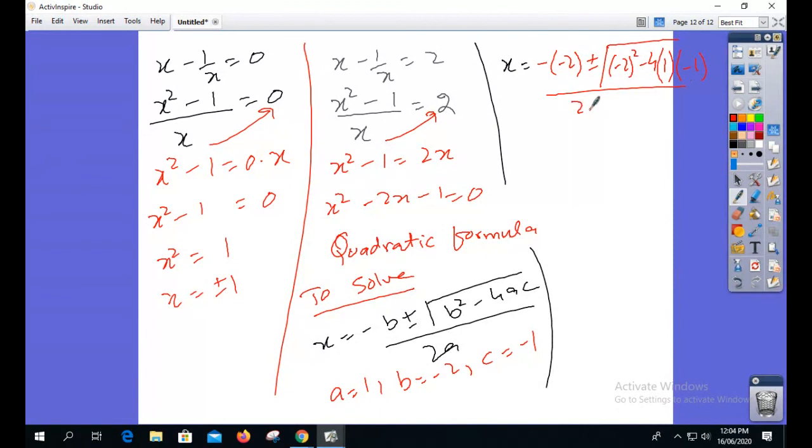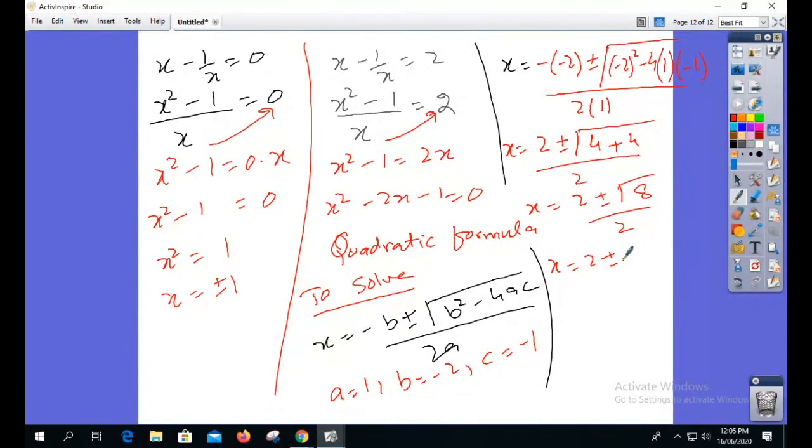divided by 2a, which is 2. x equals to plus 2 plus minus square root of 4 plus 4 divided by 2, and we have 2 plus minus square root of 8 by 2, and we may write 2 plus minus 2 square root 2 divided by 2.